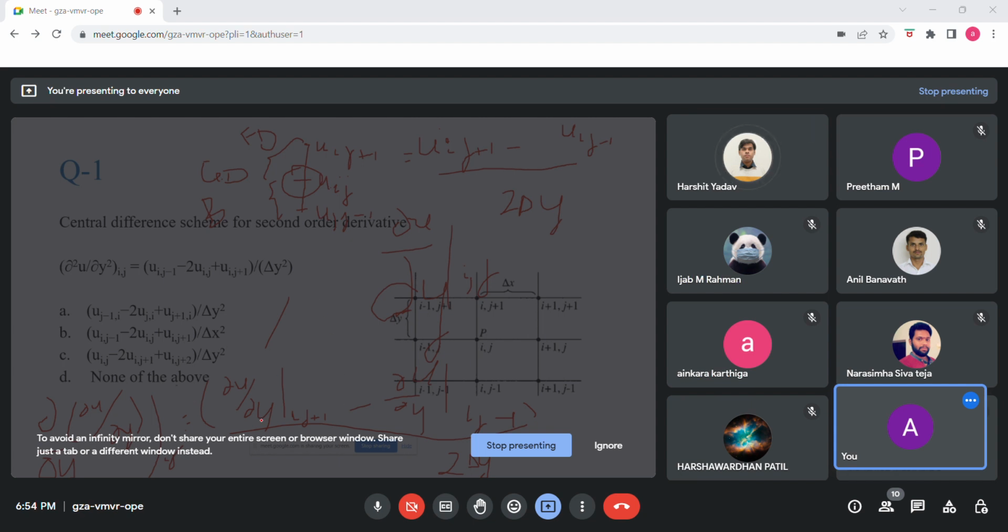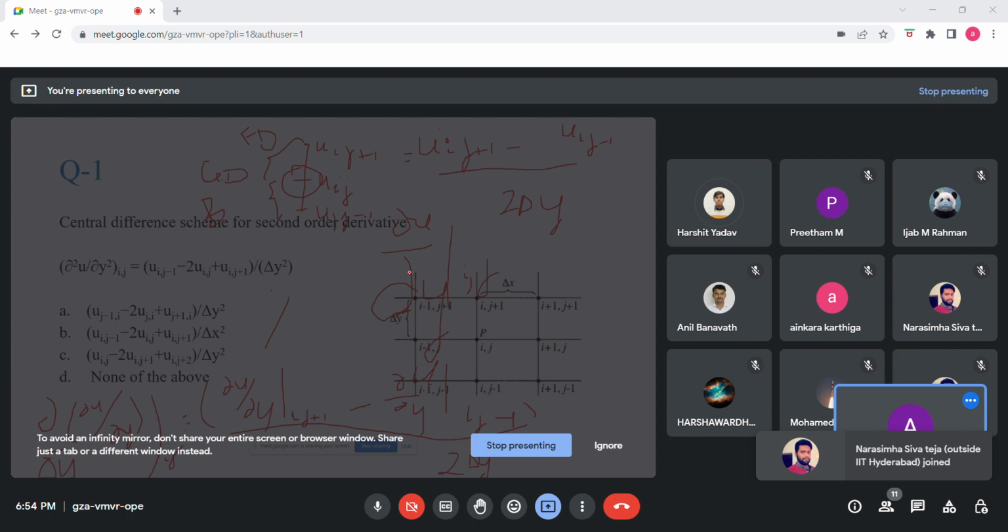Yes, ma'am. Like what I'm saying is, you understood this part, right? How we are getting central difference for first order derivative. If we are getting at i comma j, dou u by dou y at i comma j will be u i j plus 1 minus u i j minus 1 by 2 delta y.